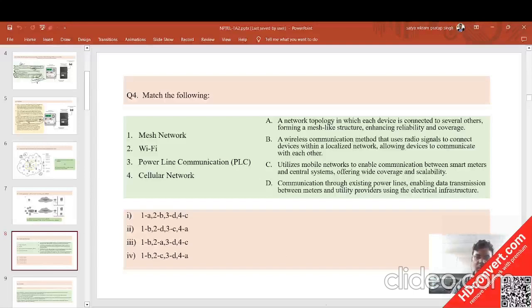There are multiple communication networks given, such as mesh network, Wi-Fi, PLC, and cellular network, and you have to match them with their definitions A, B, C and D.